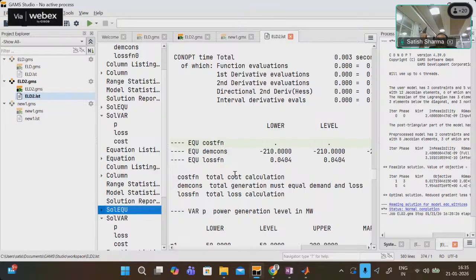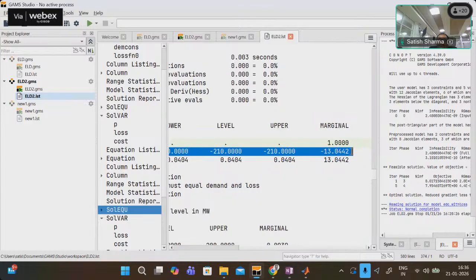If losses are there, generators have to supply those losses as well. So they have to produce more, and if they are producing more, the cost will increase. So the cost has been increased to 13.04.